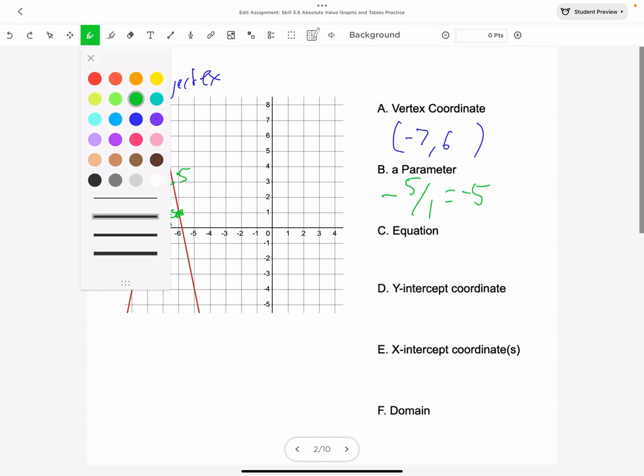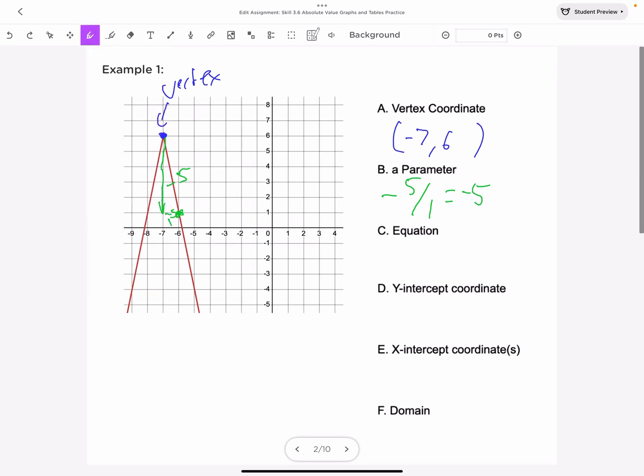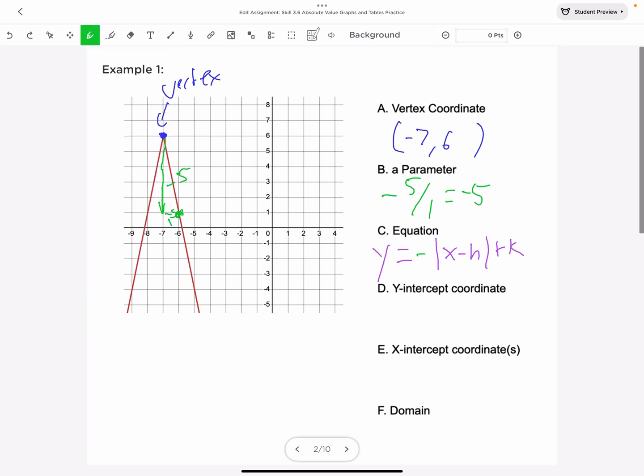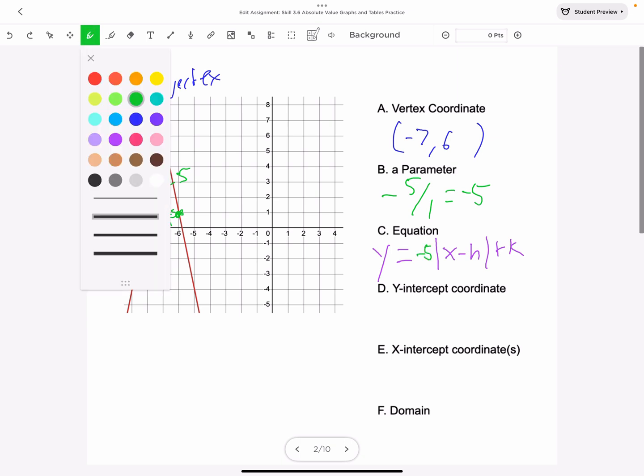Now for my equation, I'll do this in purple. We would say y is equal to, remember, a times the absolute value of x minus h, plus k. And so I now have the 3 parameters I need from parts A and B. I would substitute in the a with my -5, and then my h and k.